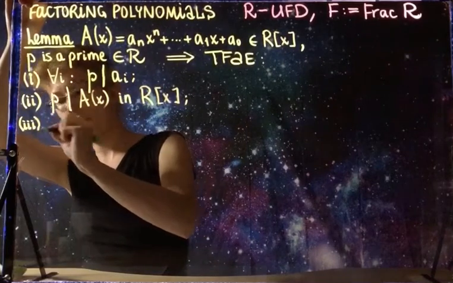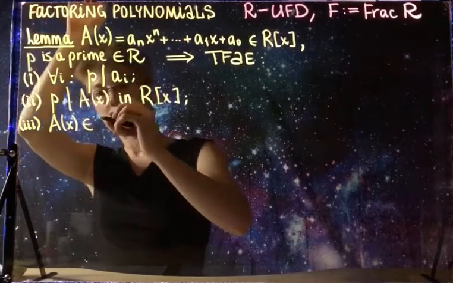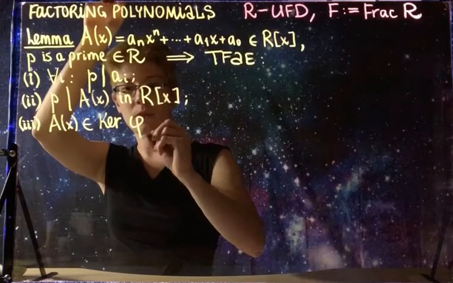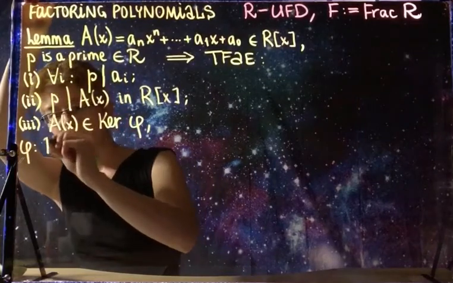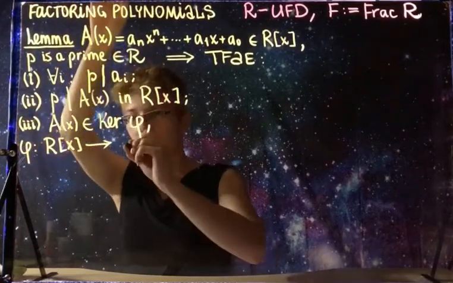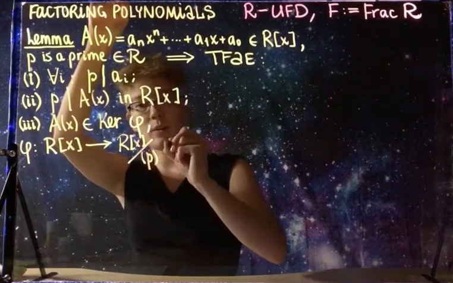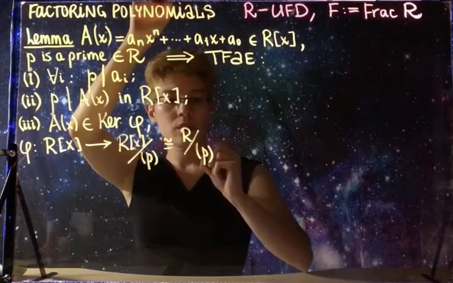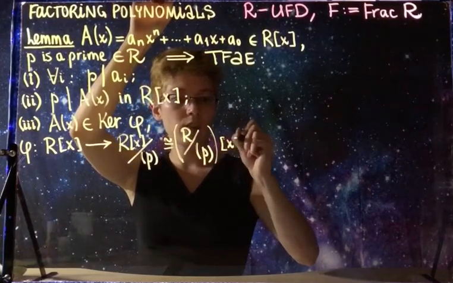And third, the polynomial A of x lies in the kernel of the quotient map phi, which extends R[x] to R[x] modulo the ideal generated by P, which is the same as saying first quotient out R by P, and then adjoin x.